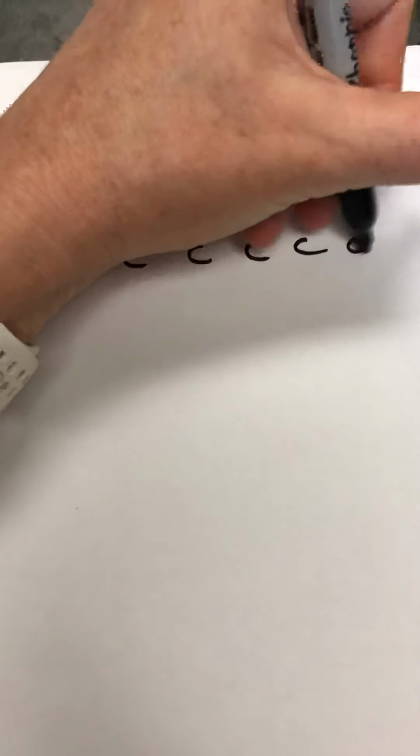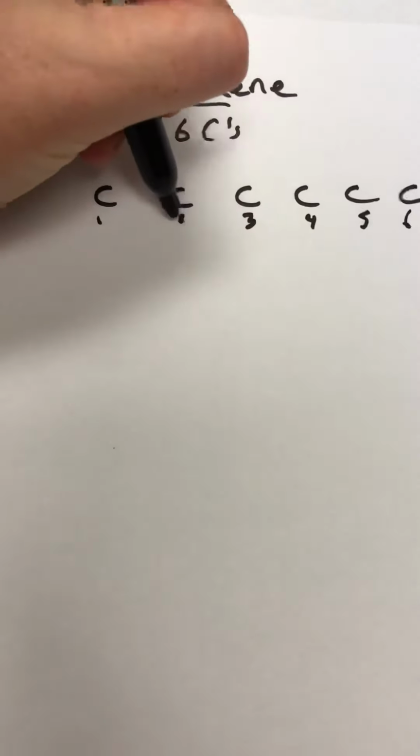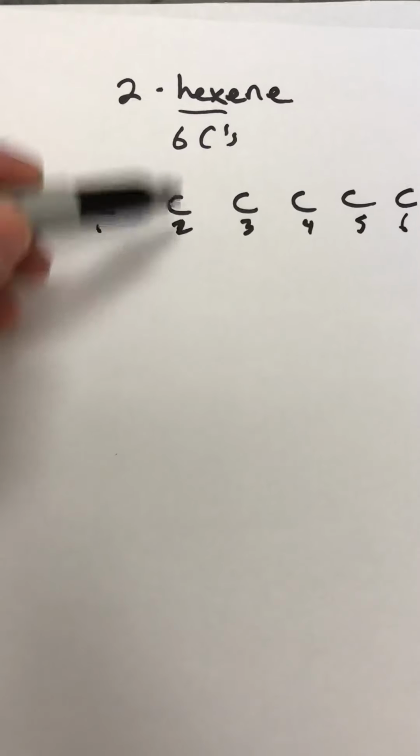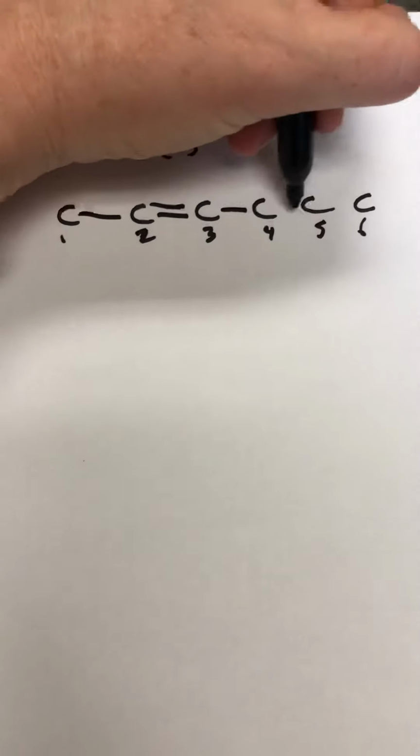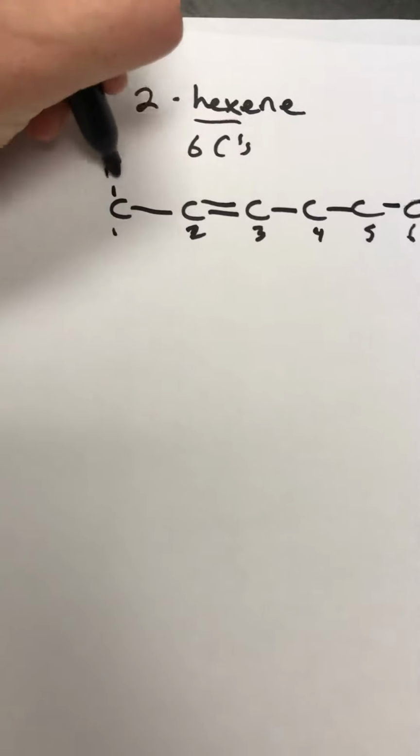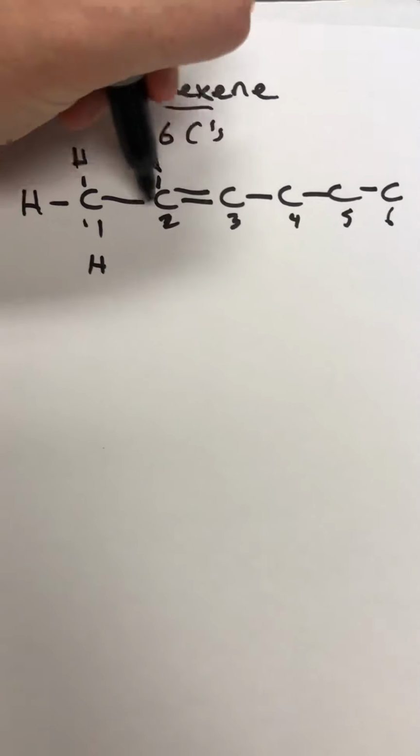So let's go ahead and draw hexene. 1, 2, 3, 4, 5, 6. And we know if we label them, carbon 1, 2, 3, 4, 5, 6, that on this second carbon here, we're going to put a double bond, like that. And the rest are going to be singles. Now we fill it in with hydrogens. This one only needs 1 because it already has 3 bonds. Same with this one.